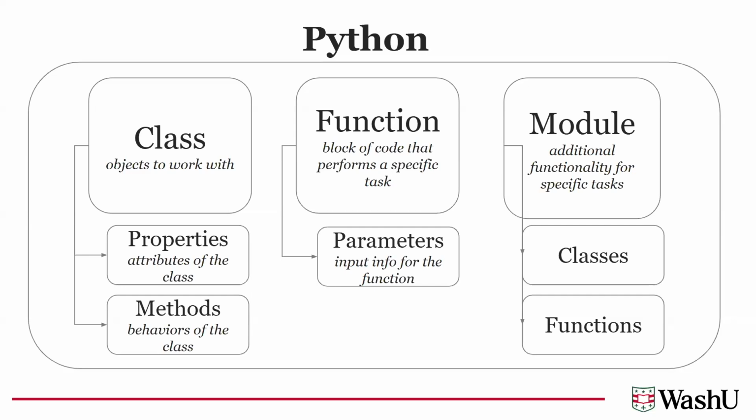And then modules have both classes and functions, which, of course, properties and methods go along with the module classes, and parameters also go along with the function classes. Now, this is a really high level overview. So if you don't quite understand all of these things, no big deal, but these are the kind of basic building blocks of Python when you install it on your machine.